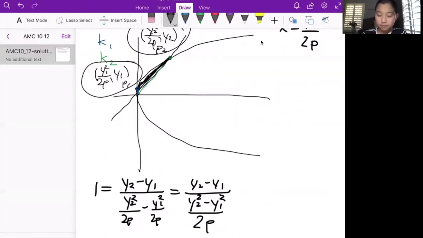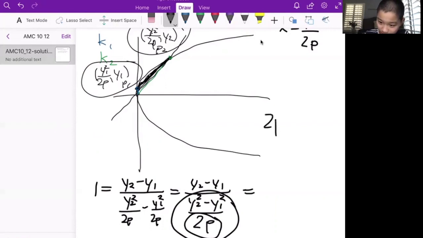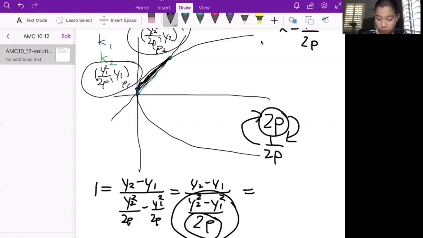And then, since 2p is on the denominator of a fraction that's on the denominator of a fraction, it reverses: 2p goes to 1 over 2p, but then being on the denominator of that fraction reverses it back to 2p.